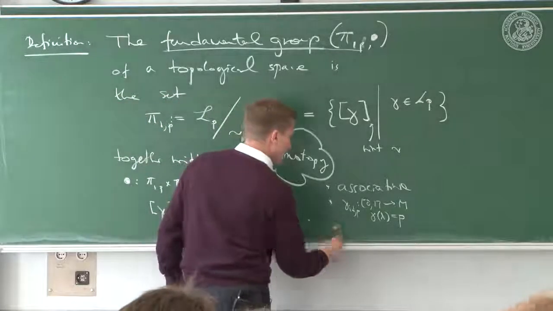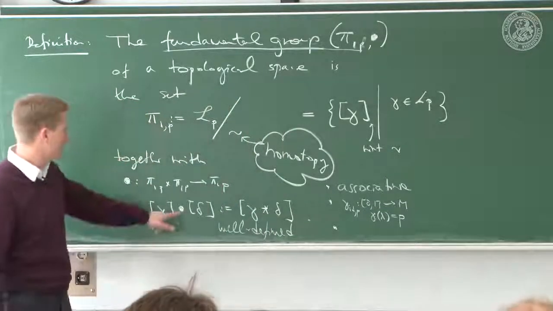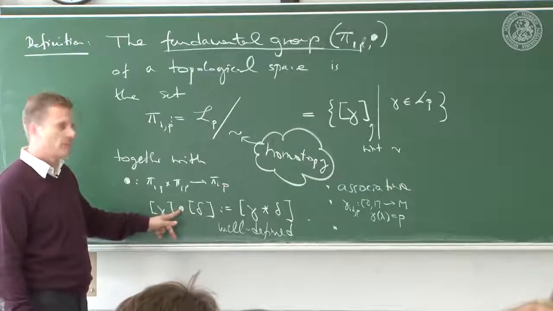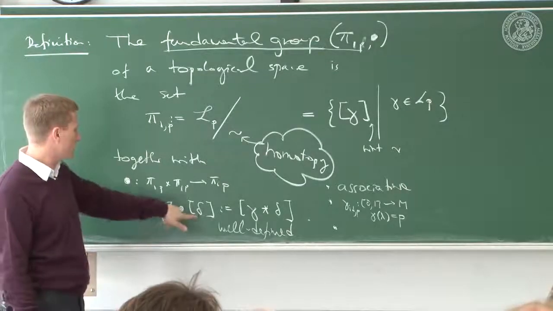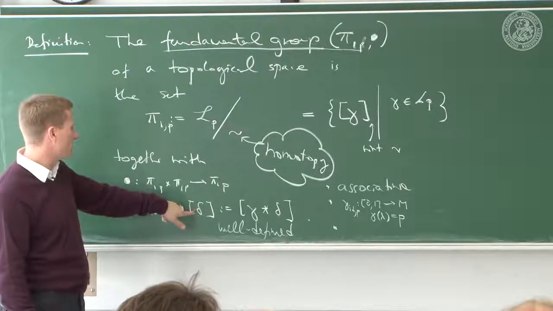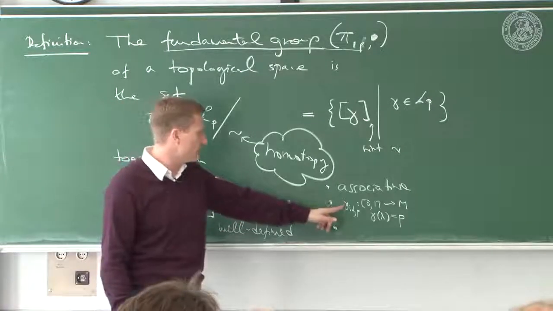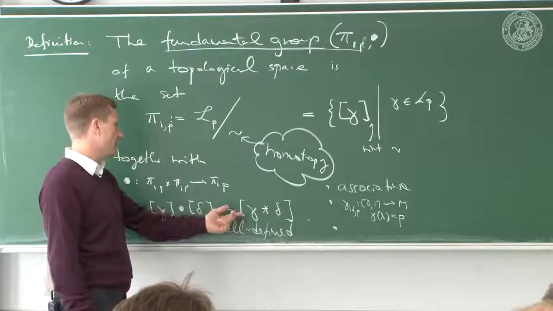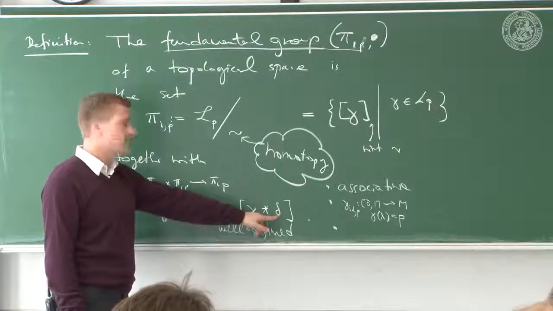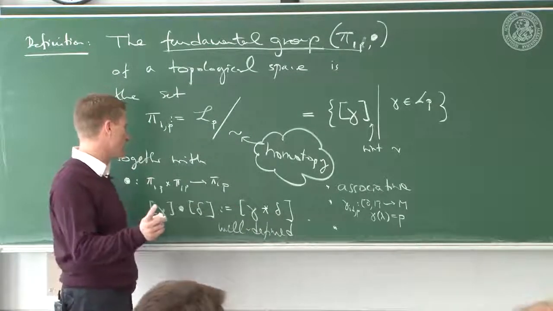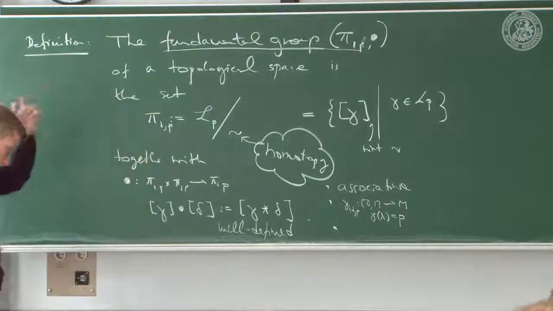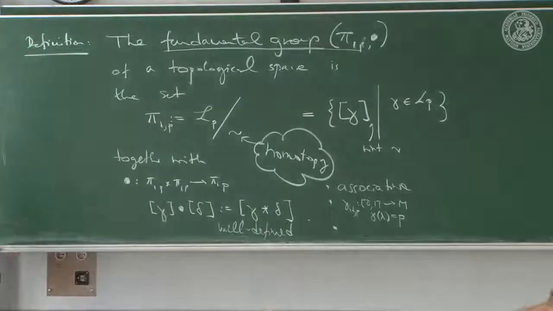And what's the inverse element of this operation? Well, you have a curve, and if you do this blob operation, you want to get the equivalence class of the identity curve. So how do you do that? Well, you choose the second curve and you run through it backwards. Is that true?